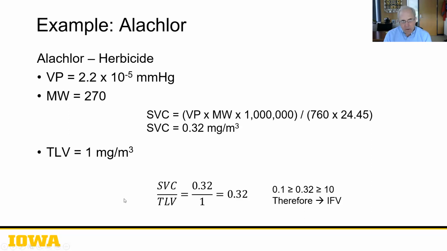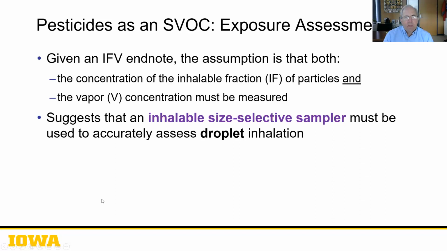So now from here on out, we're going to mostly talk about these sorts of compounds and how they're sampled. Again, given this IFV end note, the assumption is that two things have to happen.